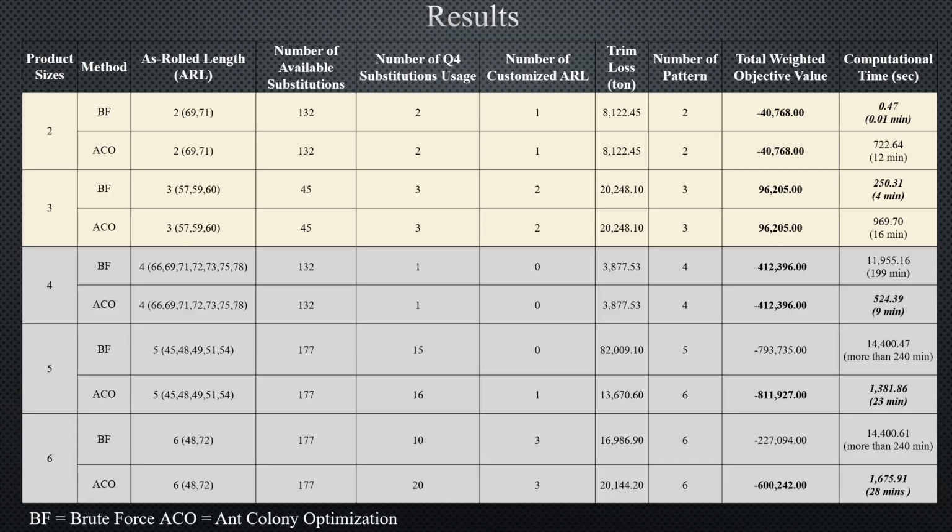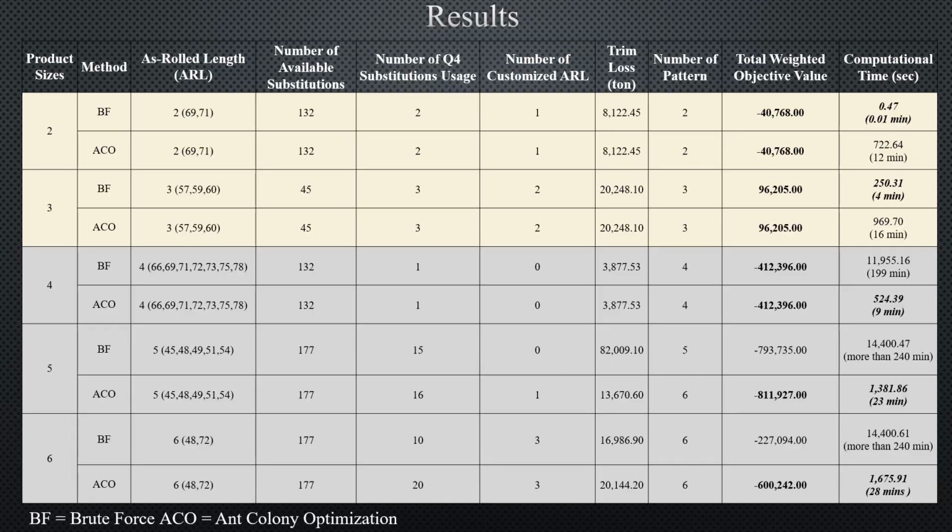In terms of solution quality, both methods yield identical total weighted objective values in small problems. However, for large-scale problems, ACO significantly outperforms brute force by substantially reducing the total weighted objective value.